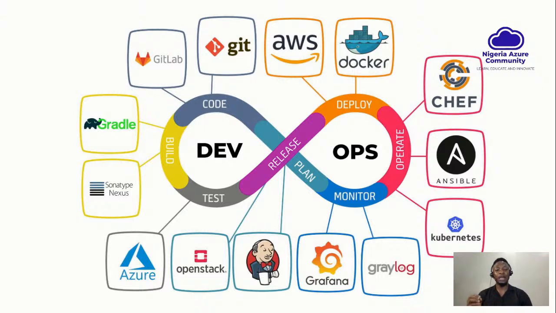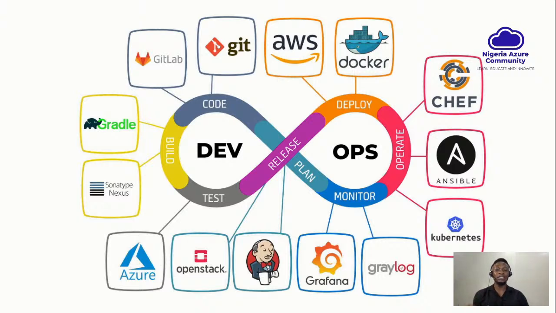We have so many tools that we need to implement in our pipeline to ensure delivery of quality software to end users in real time and very fast. We need to continuously integrate each of these tools into our process. This is the concept behind continuous integration.